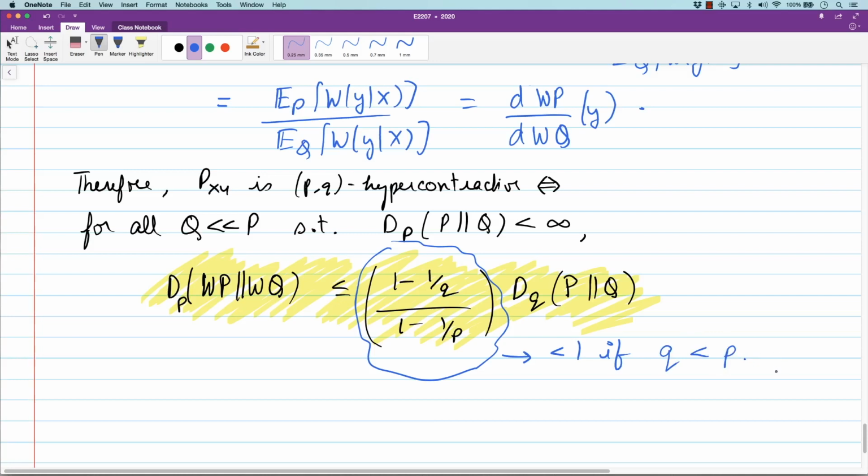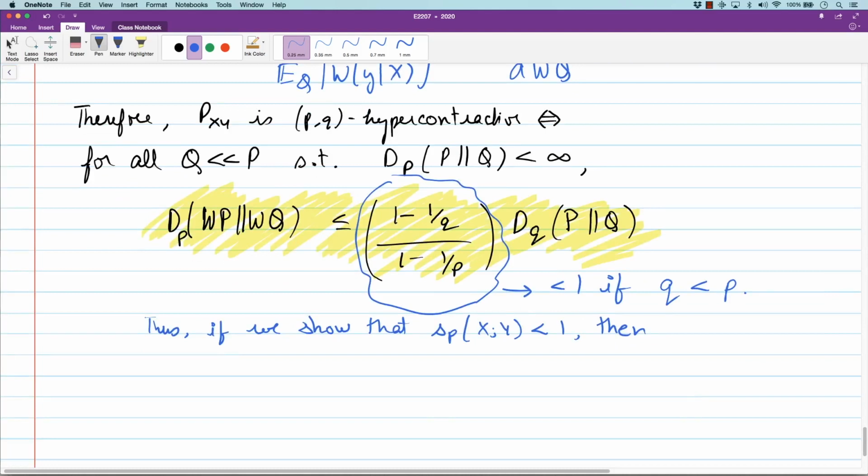So if we show that S_p(XY) is less than 1, then the data processing inequality holds with this constant less than 1.